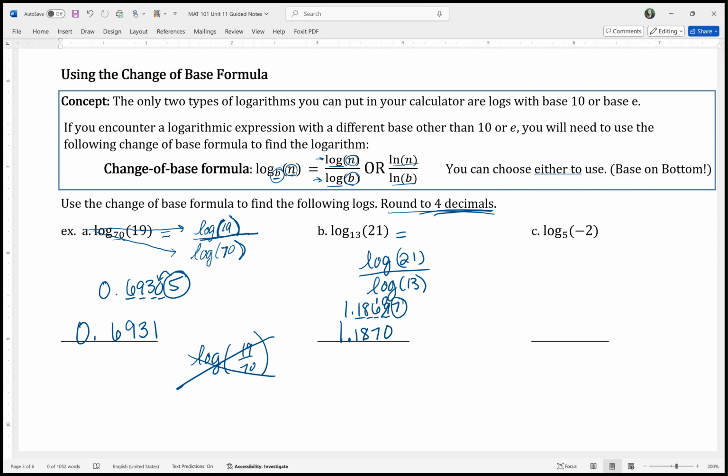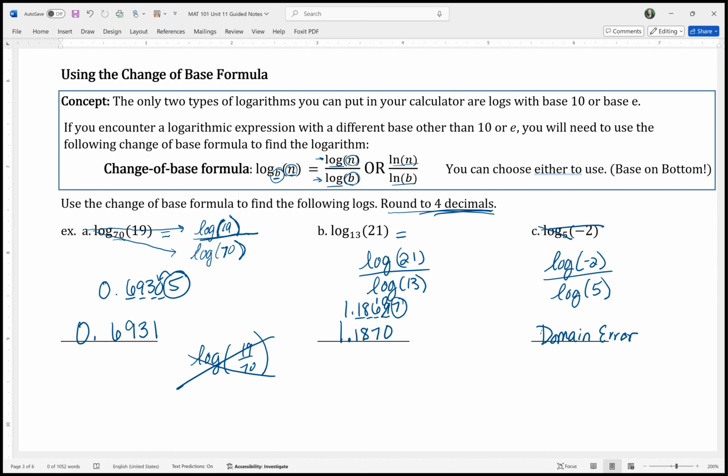Lastly, we've got log base 5 of -2. So this would be log of -2, so you can go straight across and then straight down, divided by log of 5. If I put this in the calculator, log of -2 divided by log of 5, I get domain error. Okay, we haven't really talked a lot about this, but the domain of logs is from basically not including 0, but 0 to infinity.